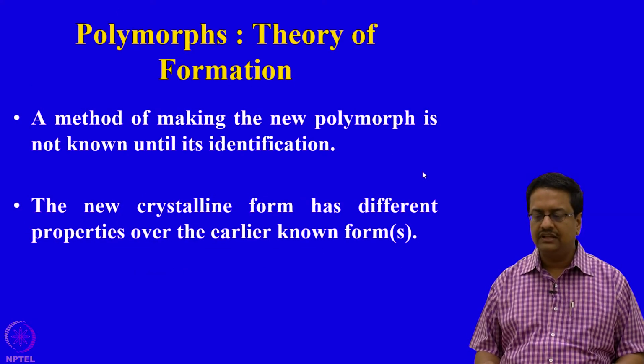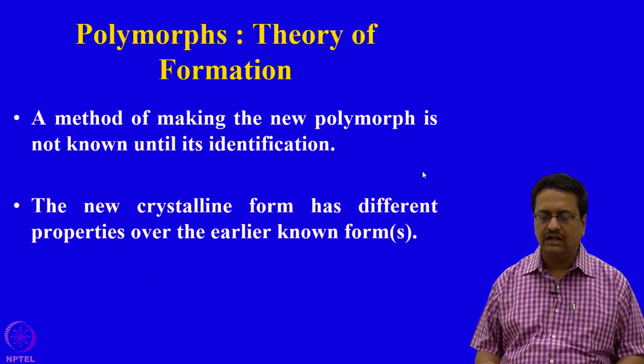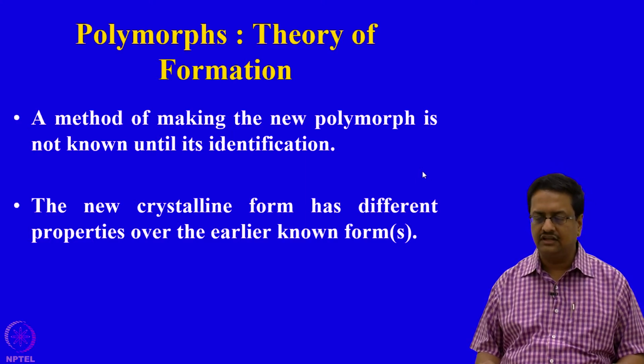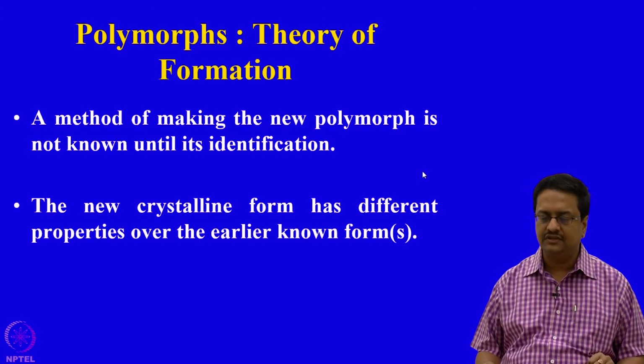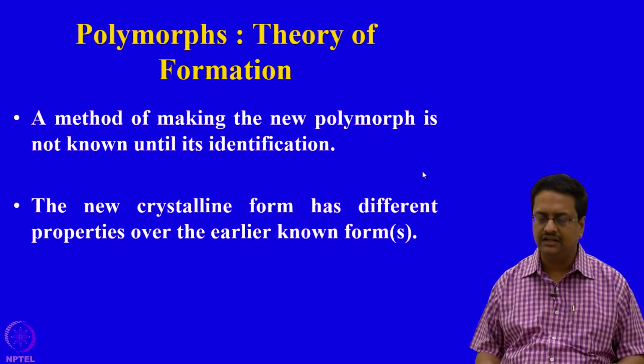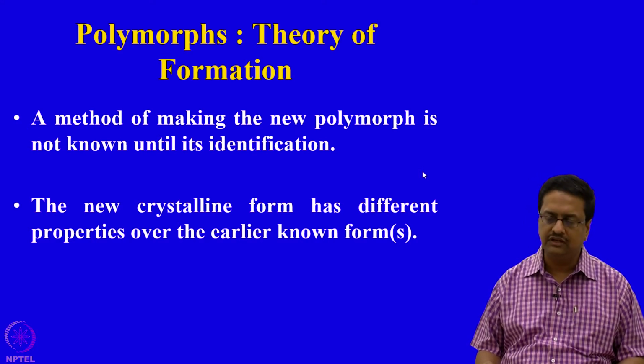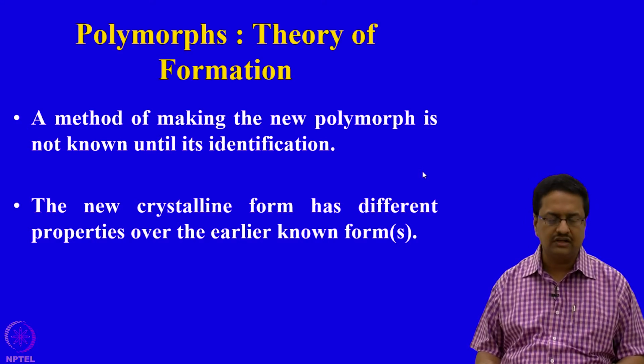A method of making a new polymorph is not known until it has been identified, and the new crystalline form has different properties from the earlier known forms. Until and unless somebody does an experiment and arrives at a new particular crystalline form, we cannot predict a priori that this particular form will be found or will not be formed.